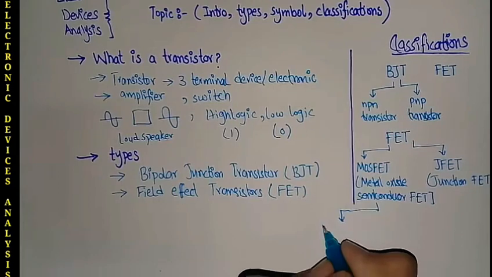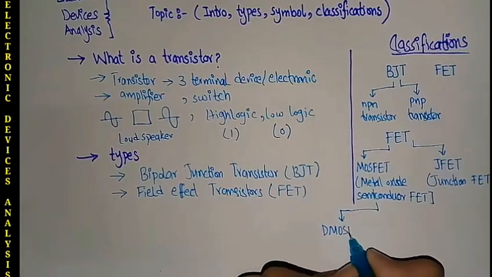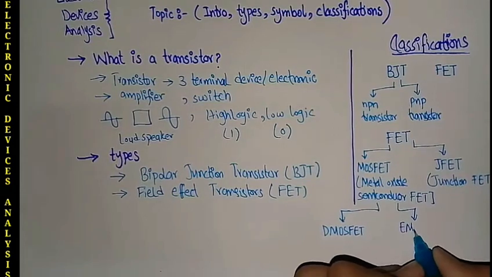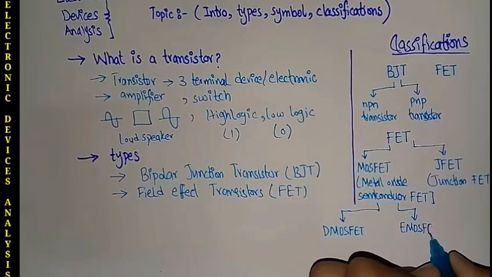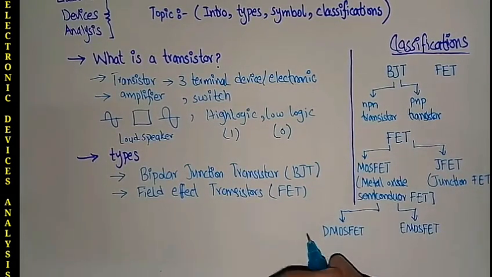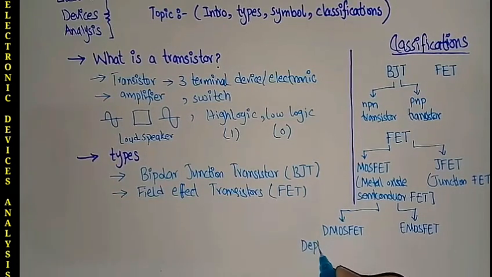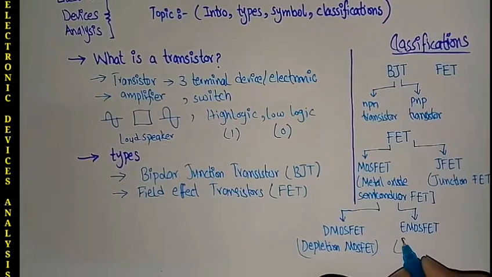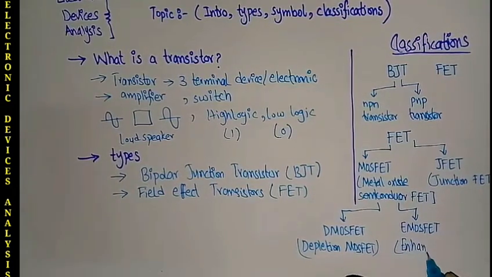The two types are DMOSFET and EMOSFET. DMOSFET means depletion type MOSFET, and EMOSFET means enhancement type MOSFET.